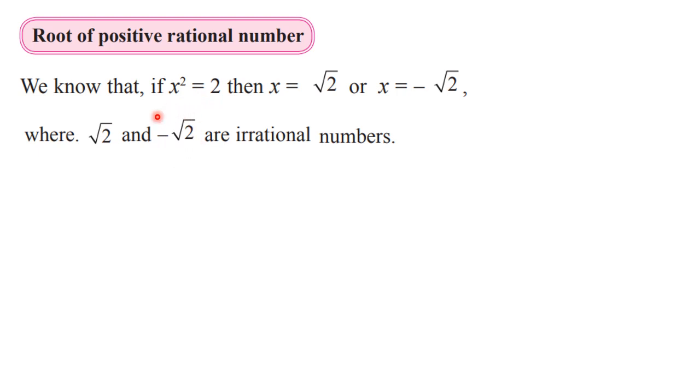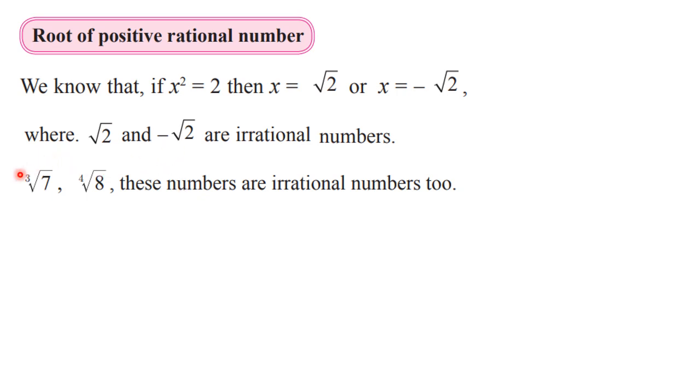You have to keep this in mind, you cannot write the minus sign inside. We have seen in the previous lecture that the root of a negative rational number is not a real number, so we are not going to think of it. Always we are going to think of the root of a positive rational number. So the minus sign should appear outside the square root sign.